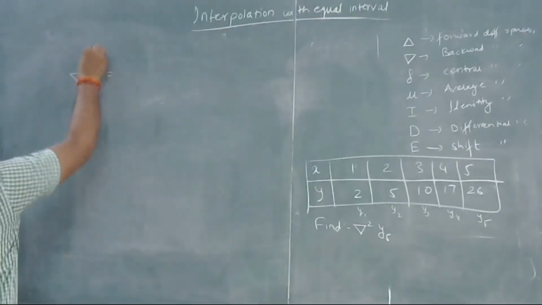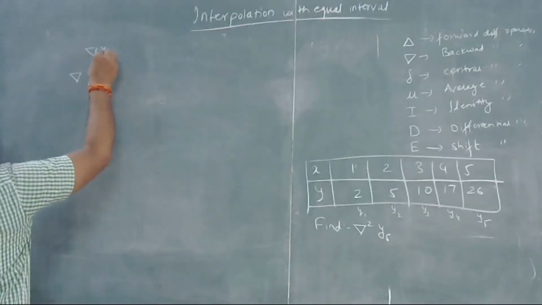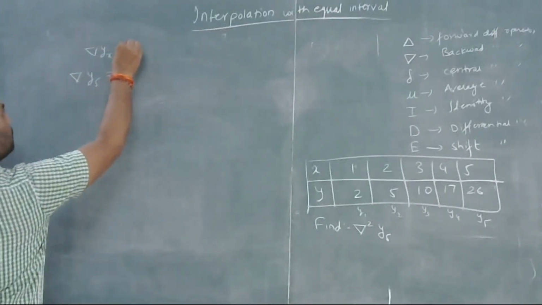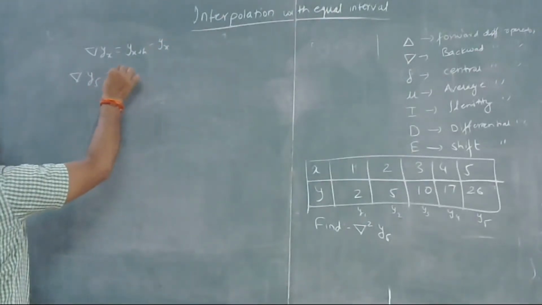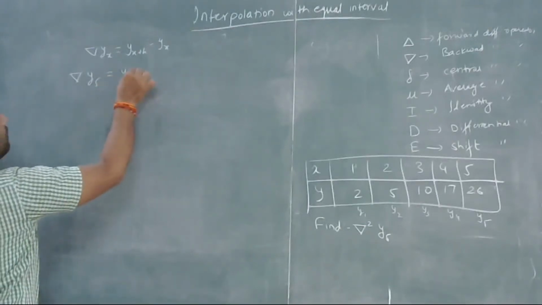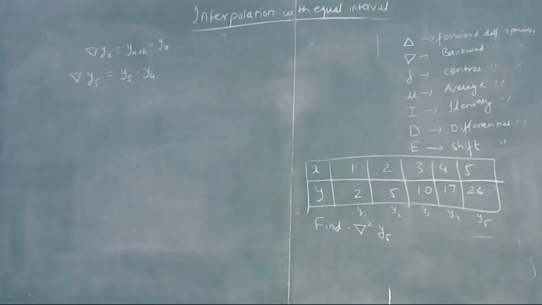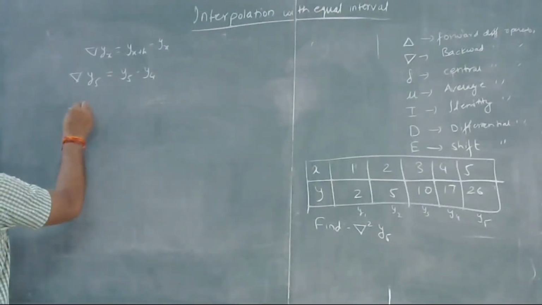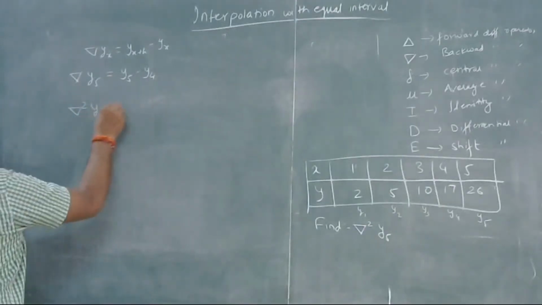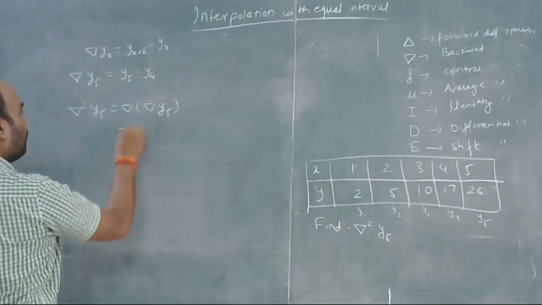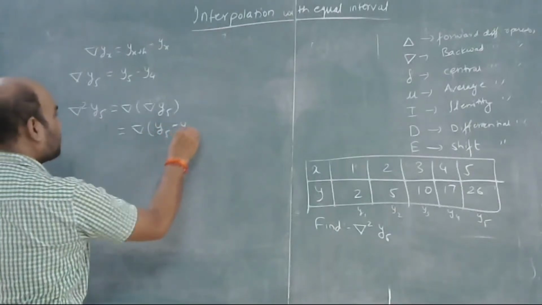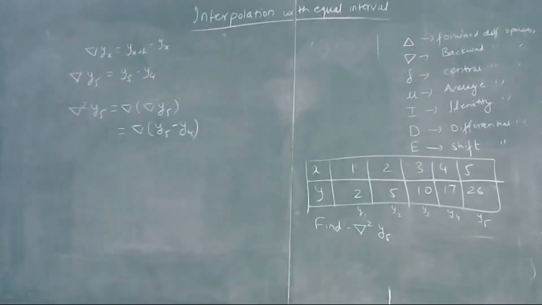So del y x is equal to y of x plus h minus y of x. Okay. So this will be equal to y5 minus y4. And del square y5 is equal to del of del y5, del of y5 minus del y4.